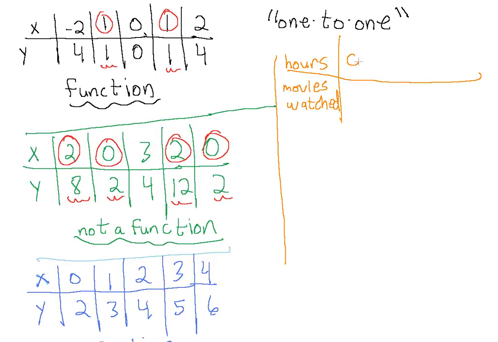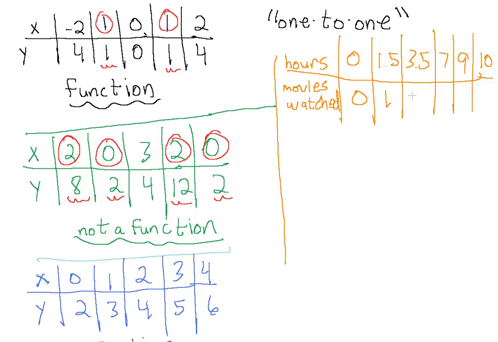So let's say our number of hours are 0, 1.5, 3.5, 7, 9, and 10. All right, so for these values, we're going to say that we watched the following number of movies: 0, 1, 2, 4, 5, and 5.